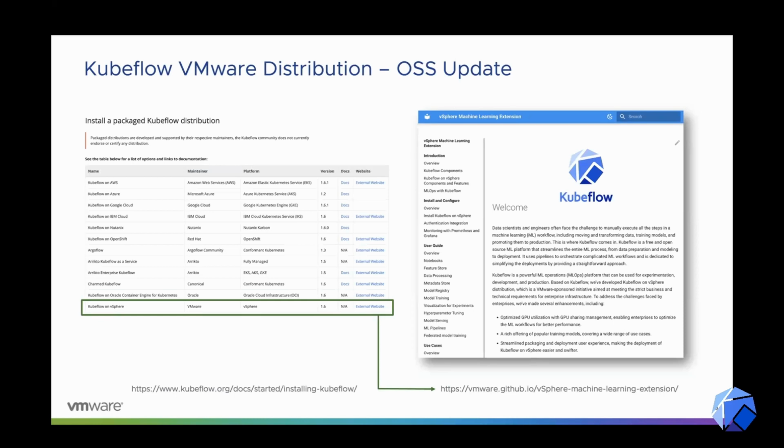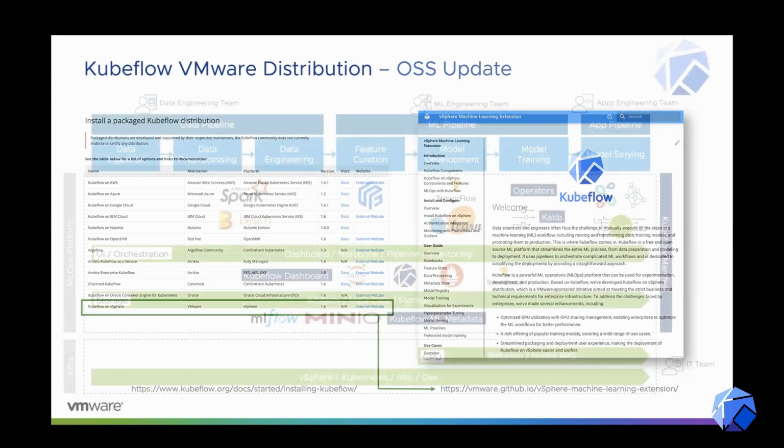This open source project and packages can be found on the Kubeflow official website, as well as the website of VMware Marketplace, which is a distribution of some cloud native and other VM packages officially supported by VMware.